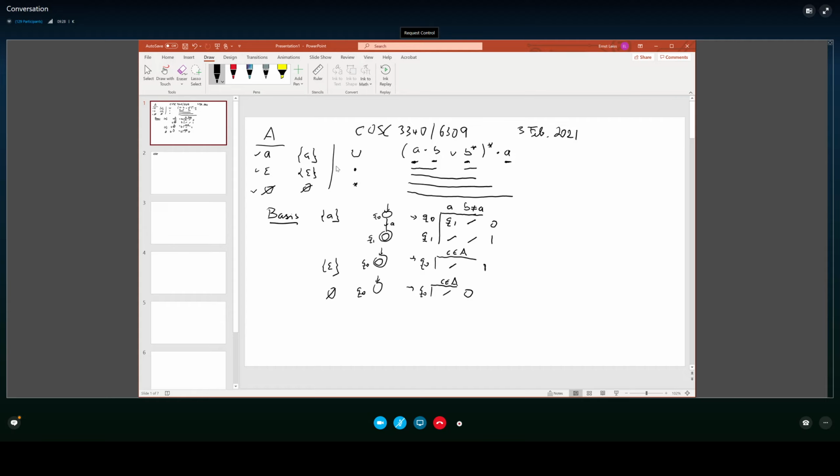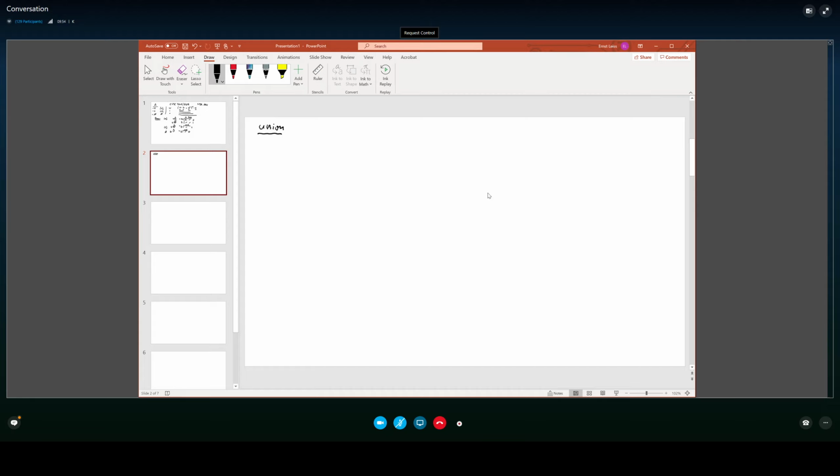Basically, it says that if we have 2 regular expressions, for instance, A, B, and B star, then the union of those 2 regular expressions is again a regular expression. Now, if we consider that, then basically we want to have a regular expression alpha and a regular expression beta, and the union of those 2.